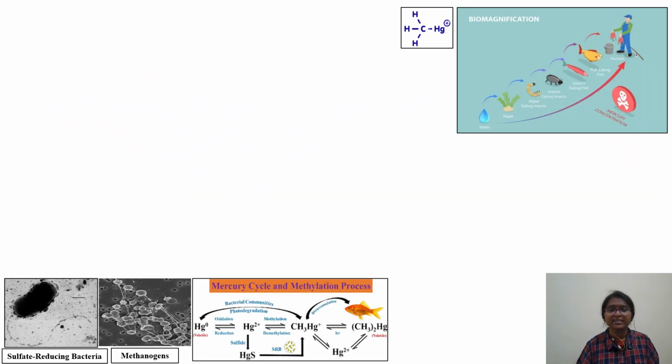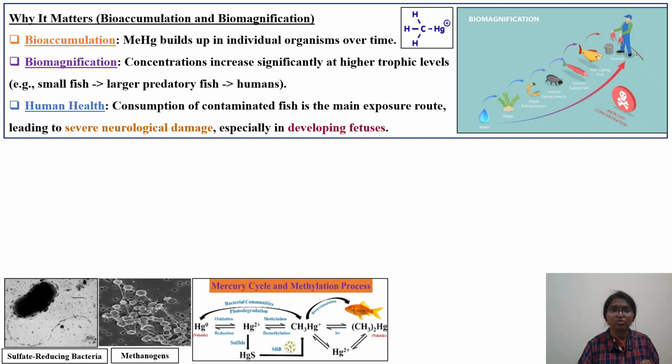Okay, then let's see in detail some additional points on why bioaccumulation or biomagnification is important. Bioaccumulation: methyl mercury builds up in individual organisms over time. As I told you, as we go up the food chain, the concentration of methyl mercury keeps increasing.